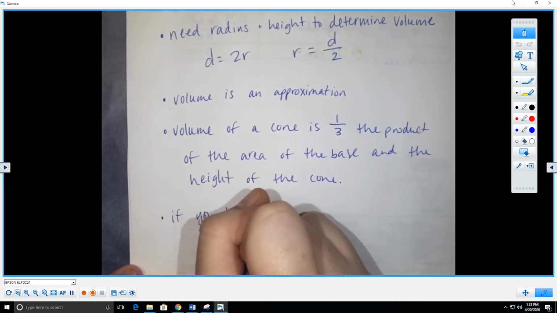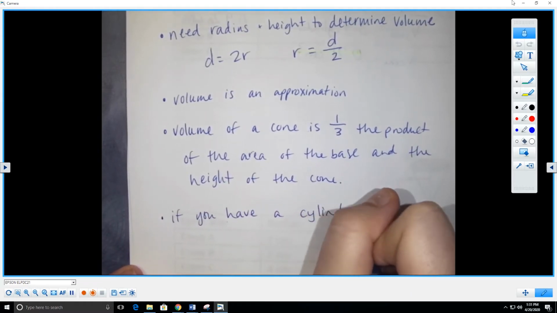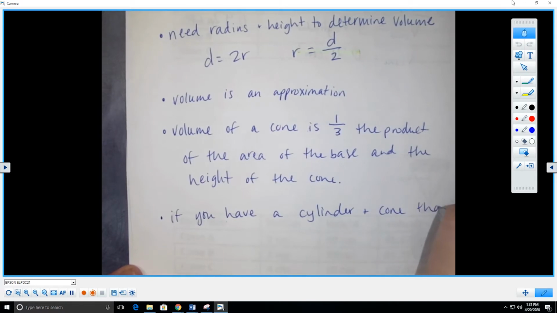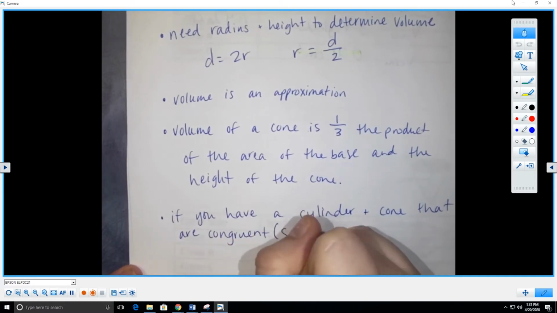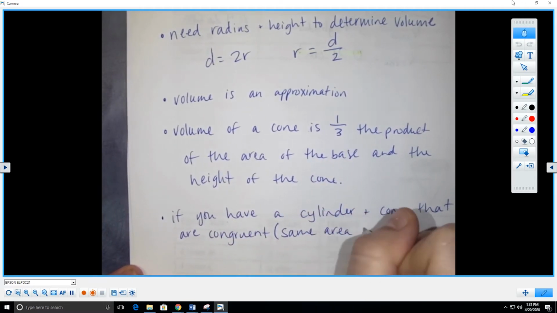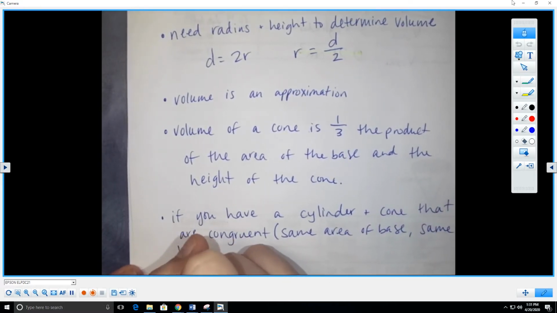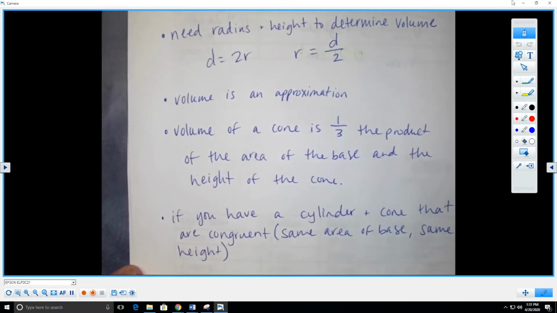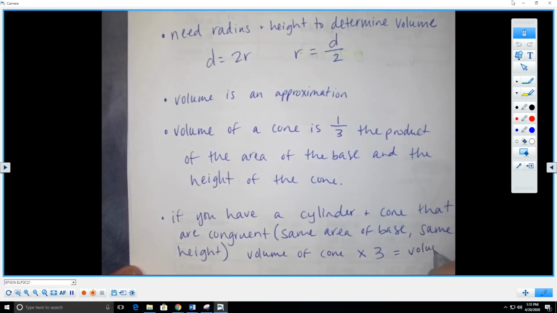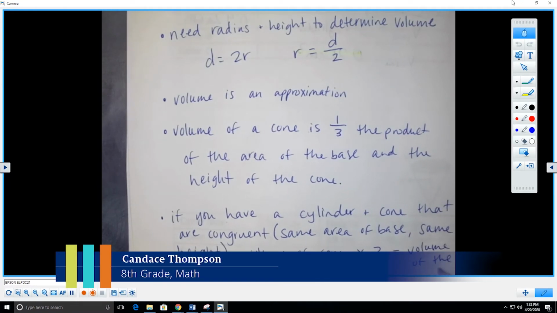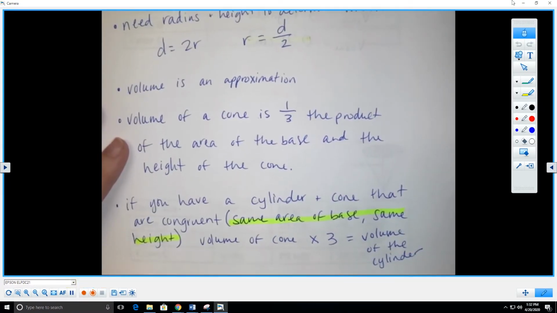If you have a cylinder and a cone that are congruent, meaning same area of base, same height, and you know the volume of the cone, you can multiply it by 3 to get the volume of the cylinder, okay? All right, so let's move on to some more problems.